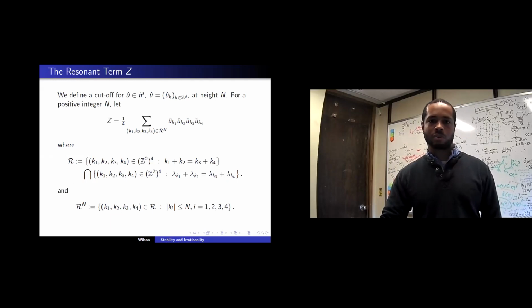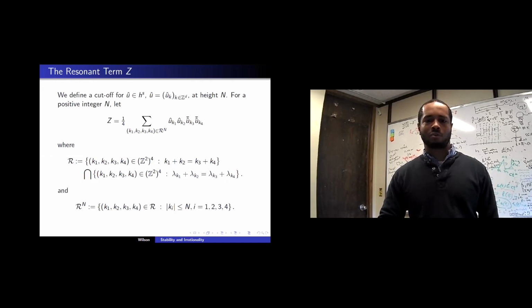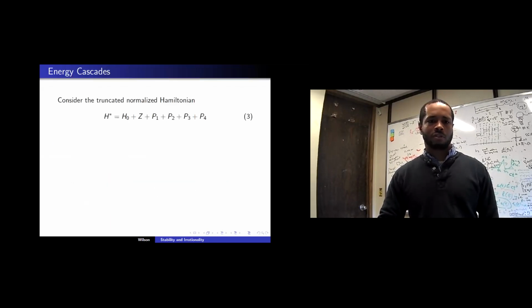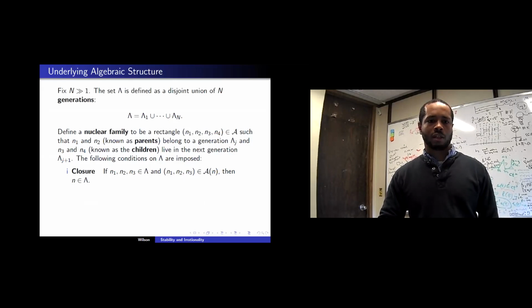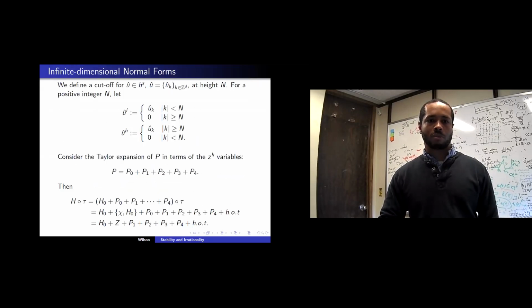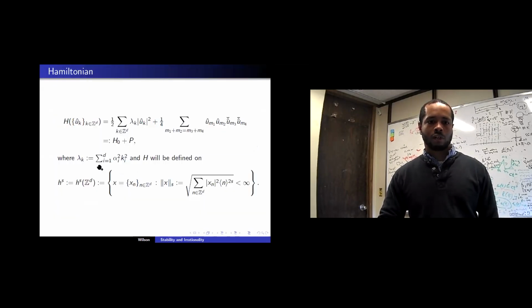K1 plus K2 equals K3 plus K4. My dimension is going to be 2 here, so these are all two-dimensional integer vectors, let's say. And my lambda K1, lambda K2, and lambda K3, I defined here.